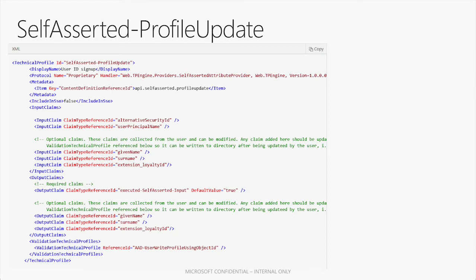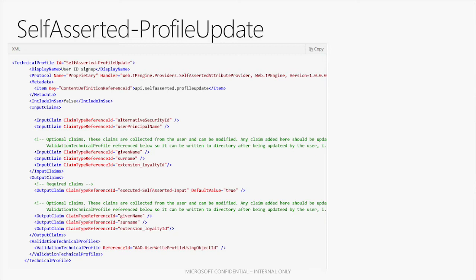When output claims show up in the policies, the self-asserted provider, just because it knows these are all the output claims, actually ends up showing all those claims on the UI. And once it gets the values, it sends them back in the token. So that's the slight difference between self-asserted provider and other protocols. But other than that, the modeling of output claims uses a similar philosophy.